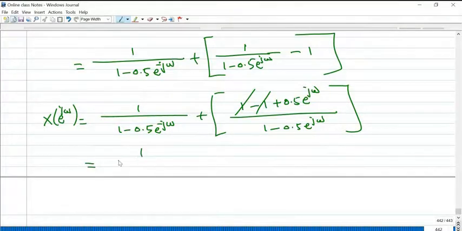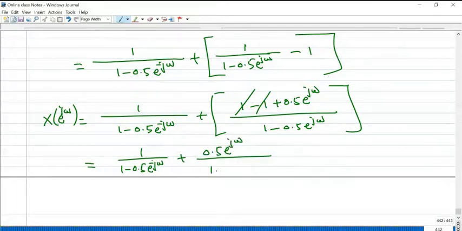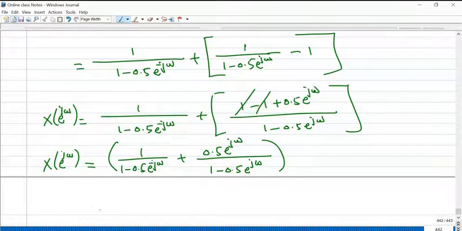So right now your result is 1 divided by 1 minus 0.5 e power minus j omega plus 0.5 e power j omega divided by 1 minus 0.5 e power j omega. You may simplify this step further by cross multiplying these two and applying the sin theta cos theta formula, and you can write the final step.